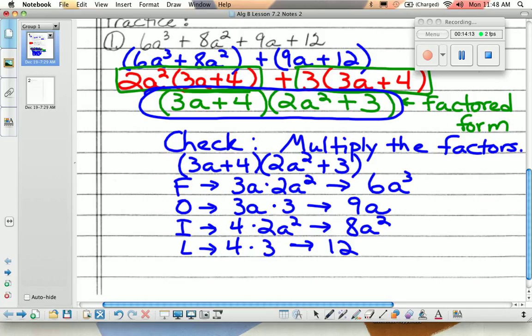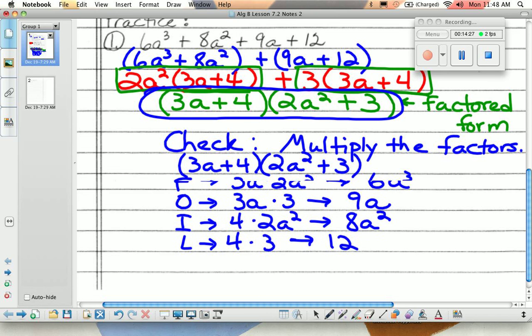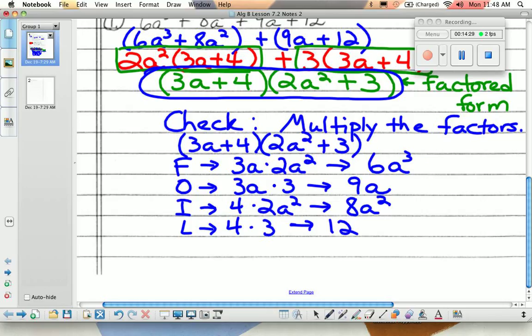Now, whether you use the rectangle method or FOIL, what should happen is you should have no like terms. Do you have any terms that are like terms out of your 4 multiplications? No. Because there are no like terms, we're going to write them down in order from largest degree to smallest degree, standard form.